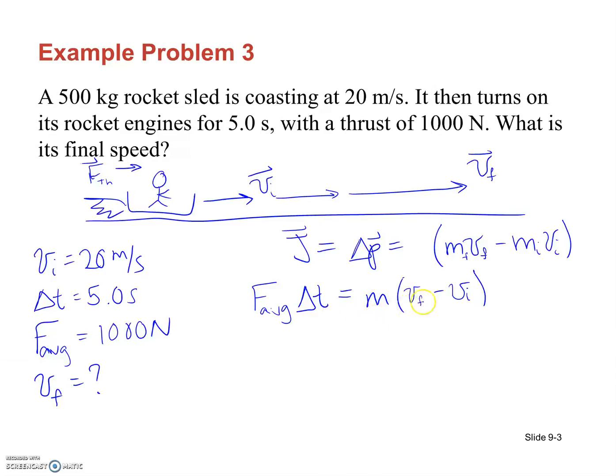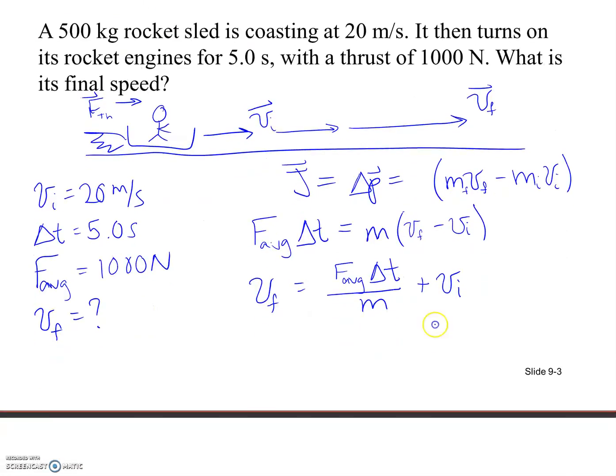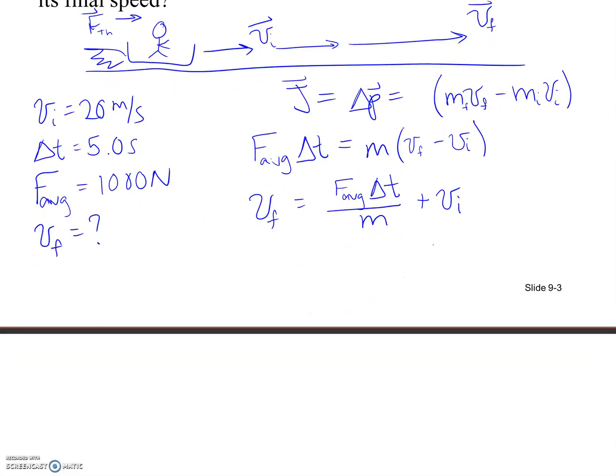Divide both sides by M and then add V initial. So V final is equal to F average delta T divided by M plus V initial. If you want to do that in a couple of steps, pause the video, make sure I did my math correctly, and now we're ready to plug in values.